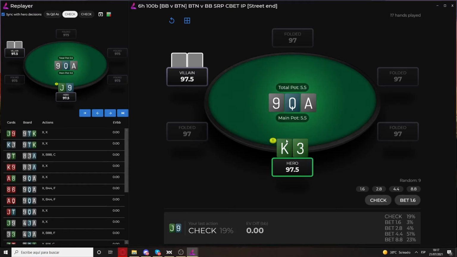I think definitely on a 9 we're gonna check, but let's try to figure out what our frequency with this hand would be. I believe it would be around, not very high, maybe 20% of the time, maybe, if not a pure check. Let's see.